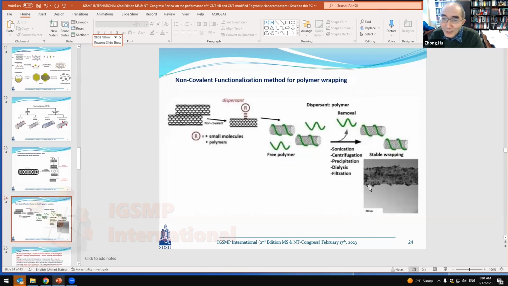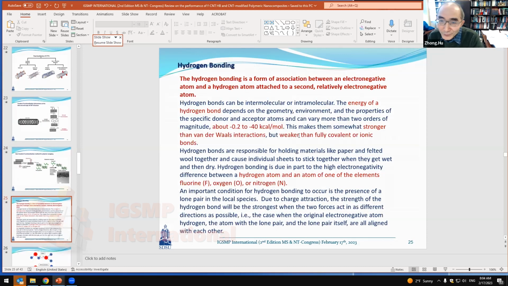And if we use a non-covalent bonding for the functionalization method, you can see it is mostly on the surface. You can overlap the carbon nanotubes, make them longer, or you can make the carbon nanotube melt into the matrix. So that's a different way.